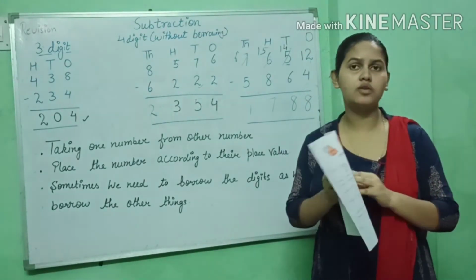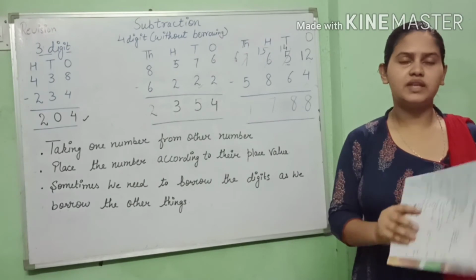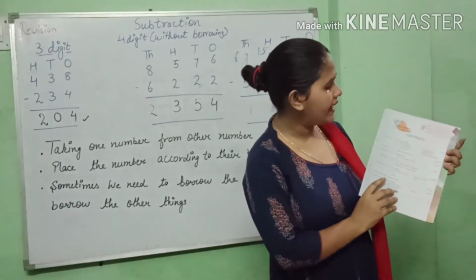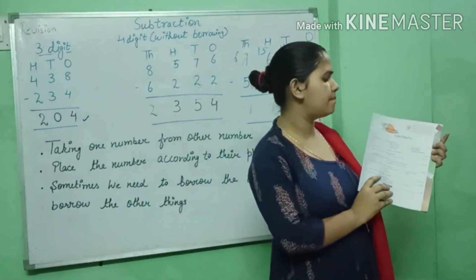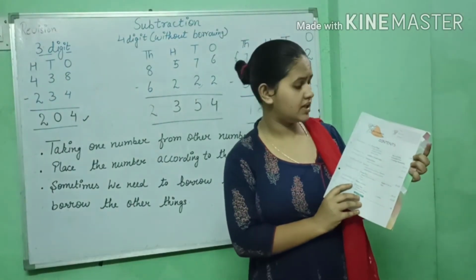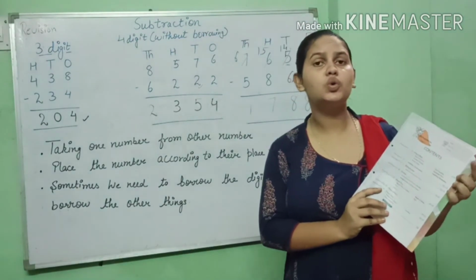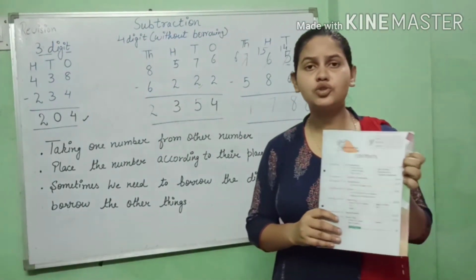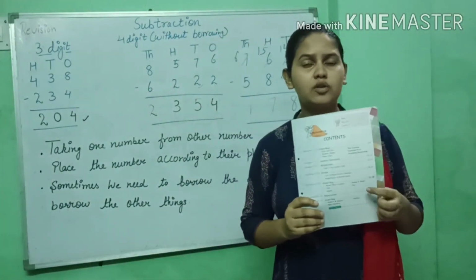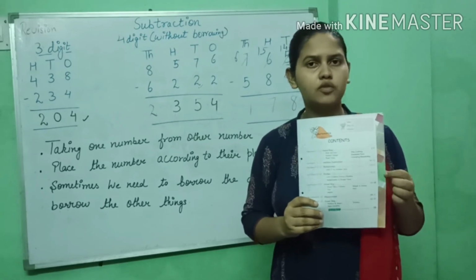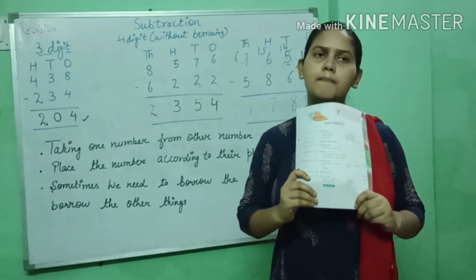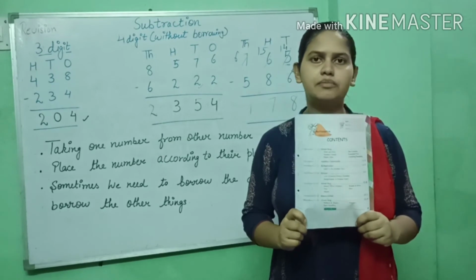You can open your workbook and see written there: odd and even numbers, number names, place value, skip counting, expanded form, ascending and descending, which we have done. You can learn through the video, and see from this workbook how to do it, because you have to fill this workbook, which is related to your book. All the chapters are related to it.